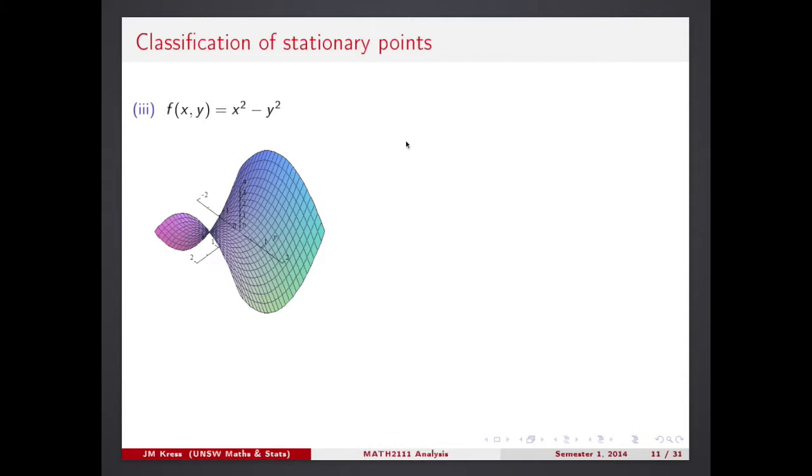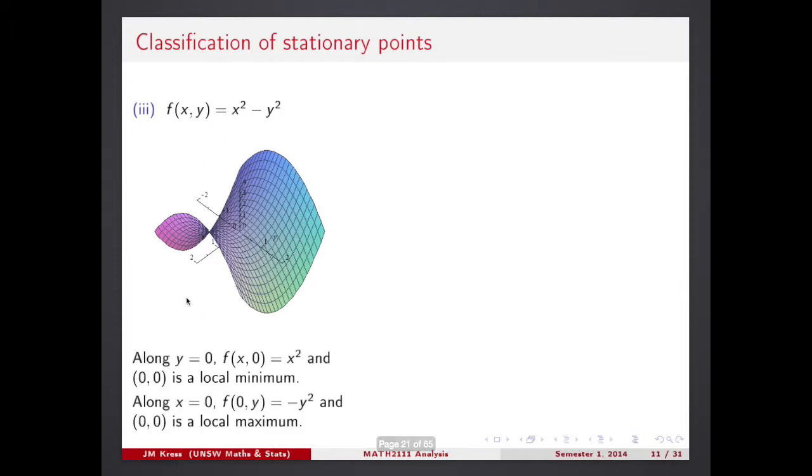This function, whose graph from Maple suggests it's a saddle point, has near the origin either points greater than 0 or less than 0. Analytically, you support this observation from the Maple construction by doing something like this. You say, if I vanish y, my function takes the form x squared, which means just near the origin, if I keep y 0, my function is always positive.